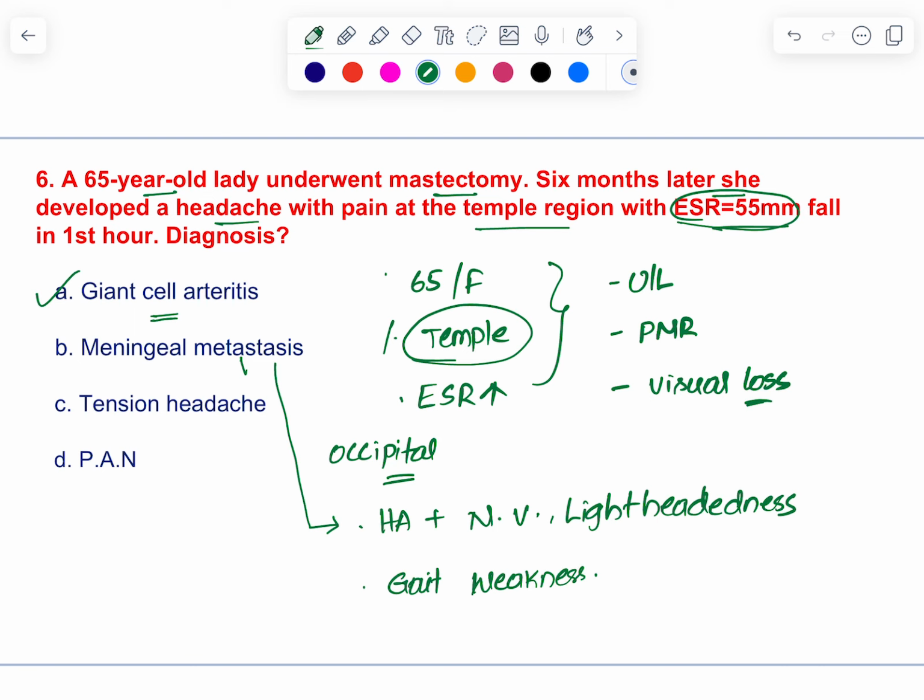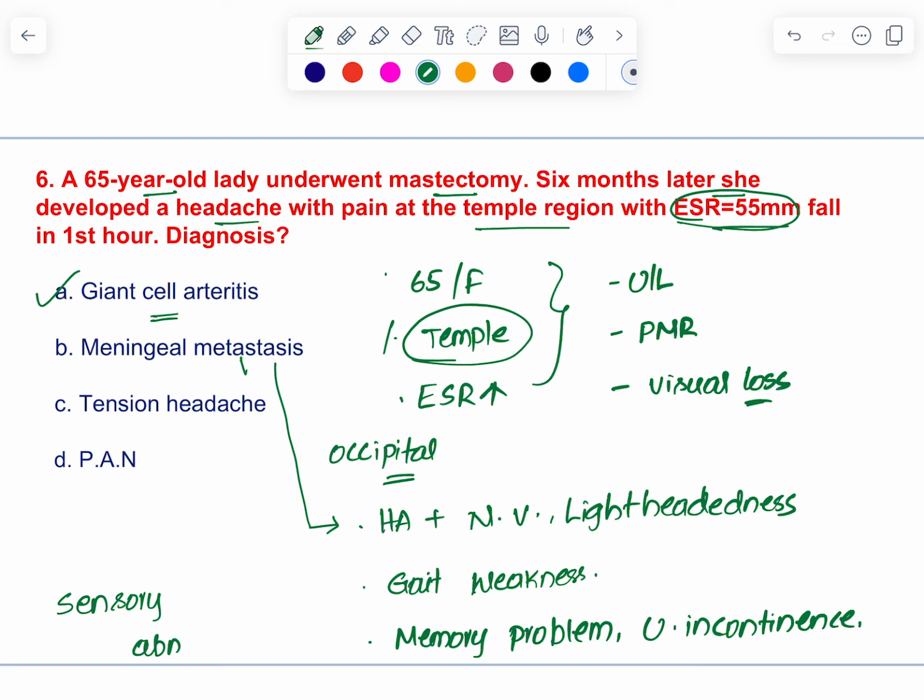Next, they will have memory problem, urinary incontinence, and sensory abnormalities. So these are the features of meningeal metastasis.